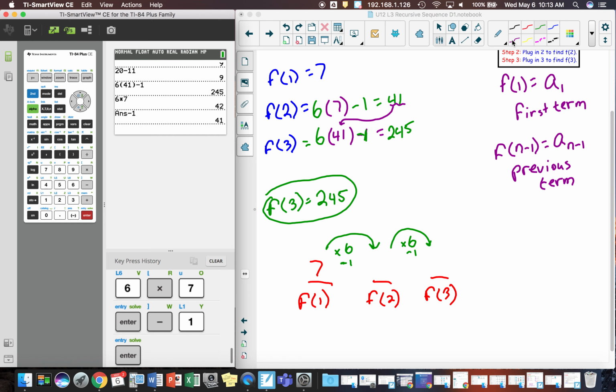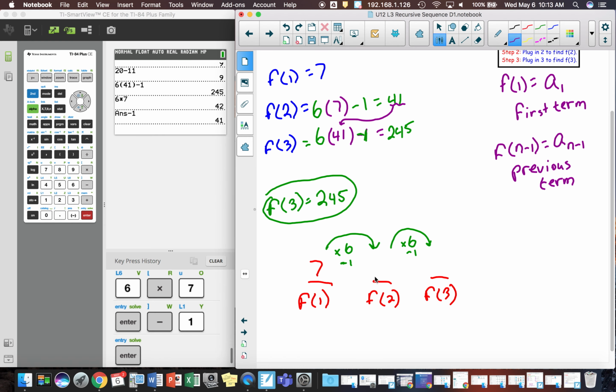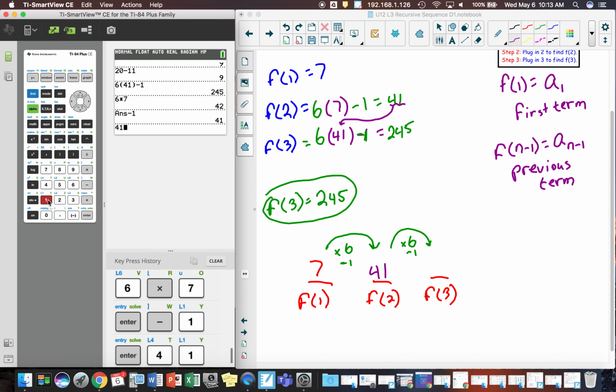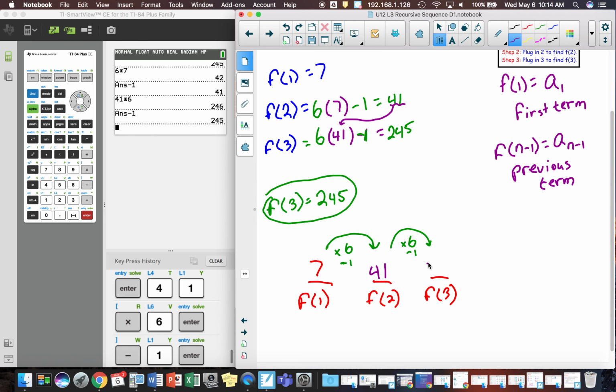So I'll write that in here. 41. And now I'm going to take that number, 41, I'm going to multiply it by 6, and then subtract 1. And that gives us 245. And there is our final answer.